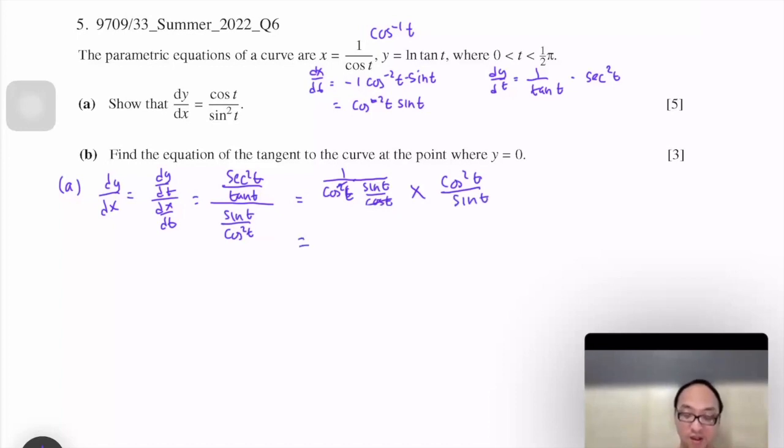So this equals 1 over cos t sin t times cos square t sin t. So we cross again the cos, and it becomes cos t over sin square t. Okay, proven.